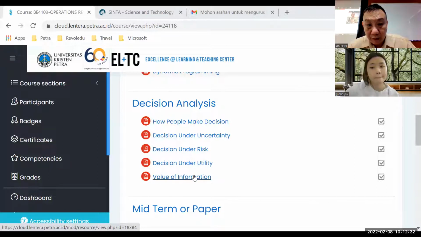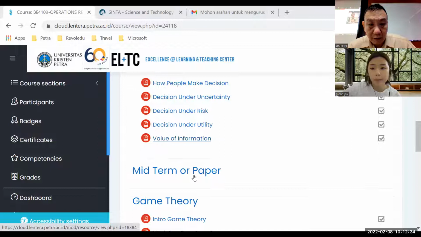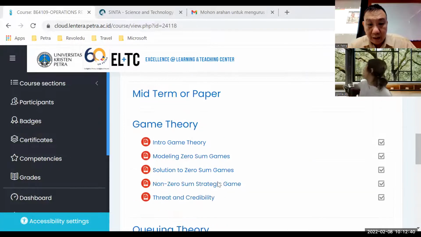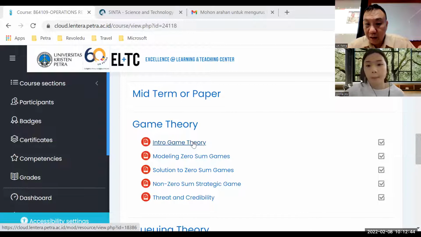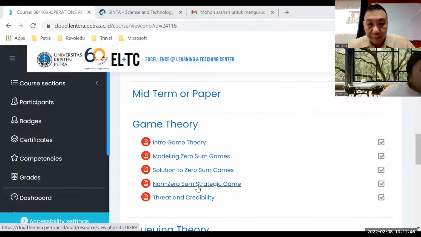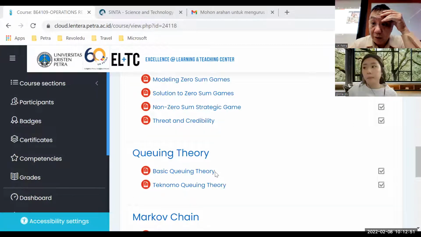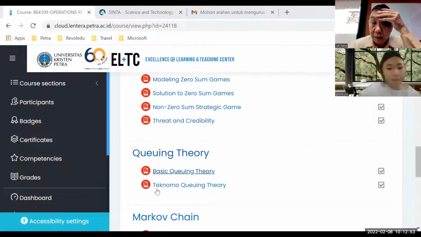Until this, and then after that we have the midterm. After that we talk about game theory. Again, we have a lot of materials in game theory. After game theory, we discuss queuing theory.